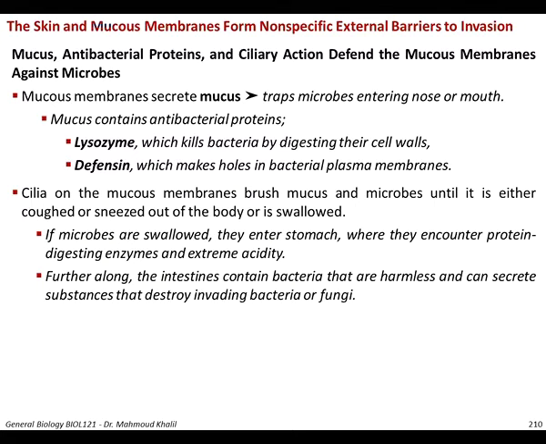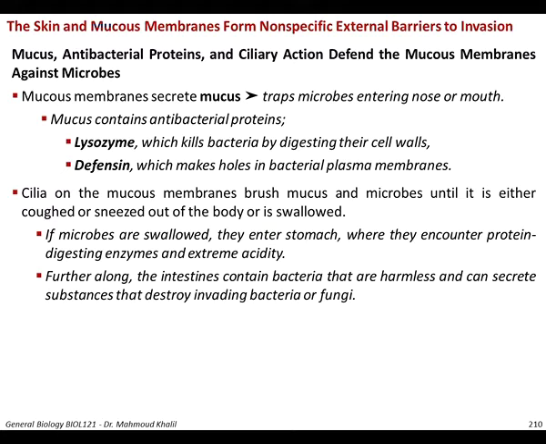For cilia, which exist on the mucous membrane, they brush mucus with the trapped microbes, until it's either coughed or sneezed out of the body or even swallowed into your digestive system. So what happens if it's swallowed into your digestive system?